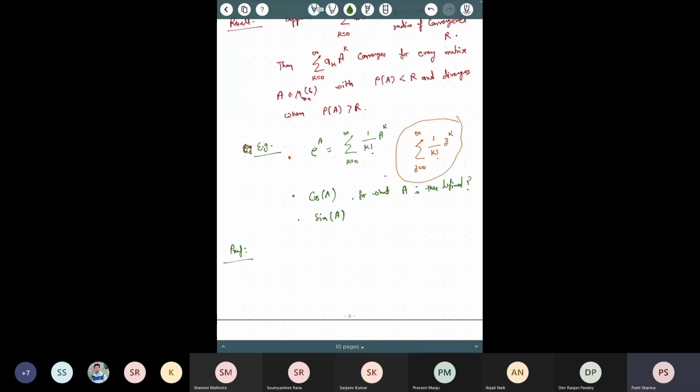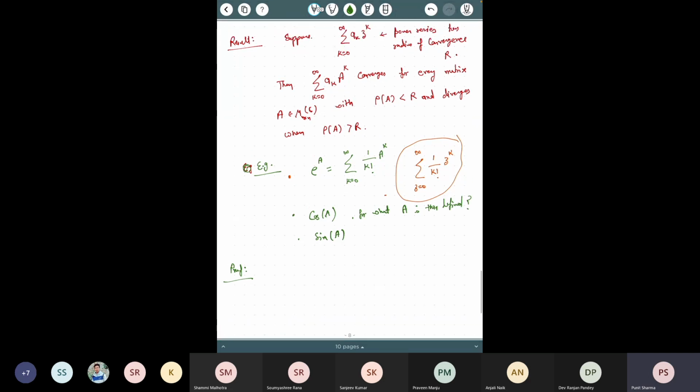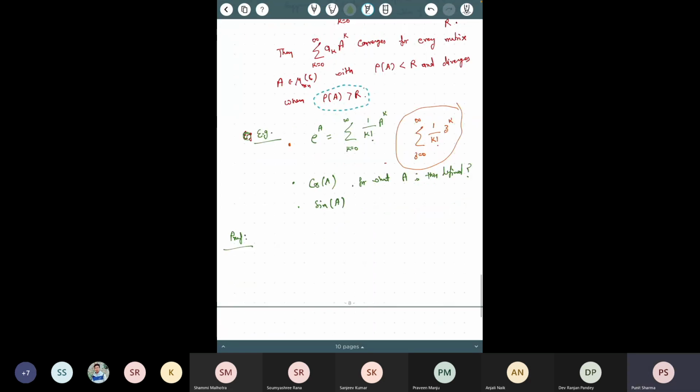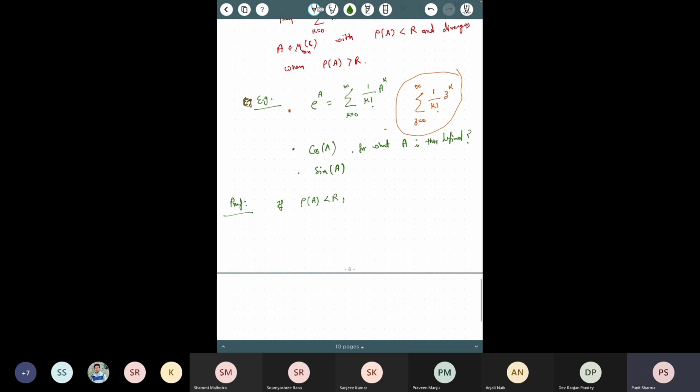Suppose we have to show that this series converges when the spectral radius is less than R, and it diverges when it is greater than R. So first, suppose that for a given matrix A, the spectral radius is less than R. This is the first case. I don't have much time, so I will just write the proof.